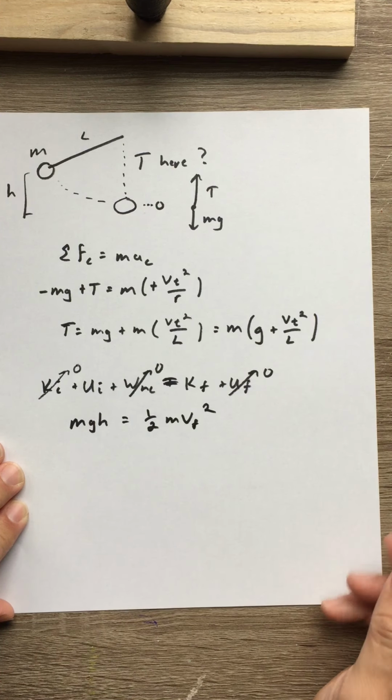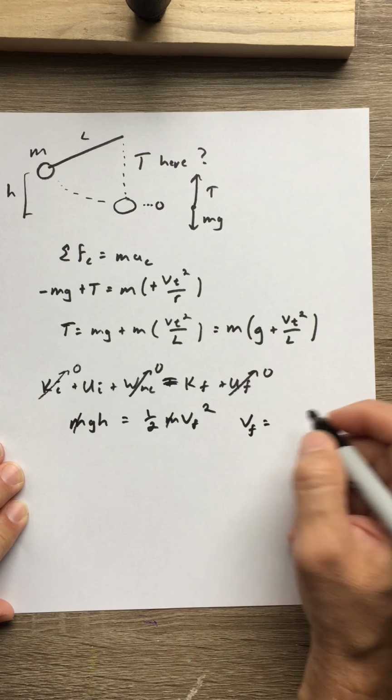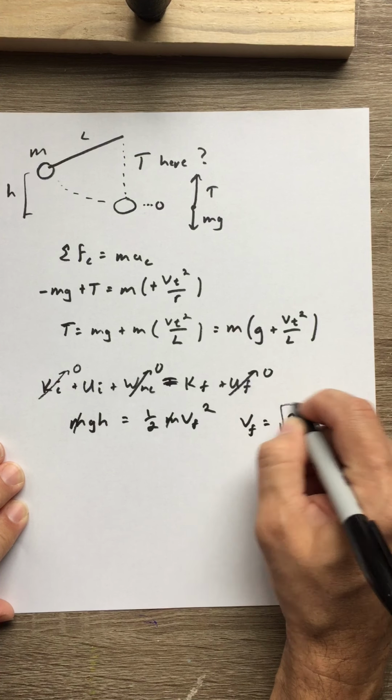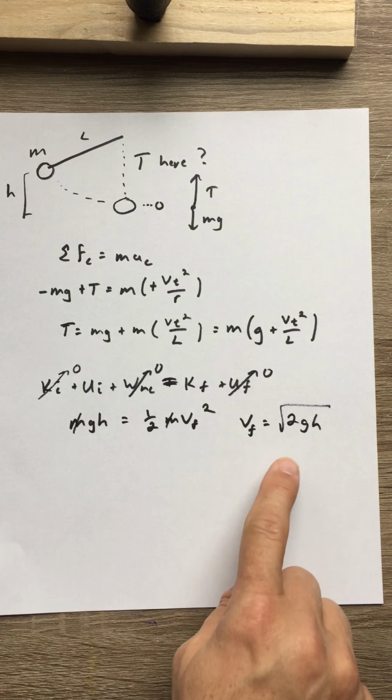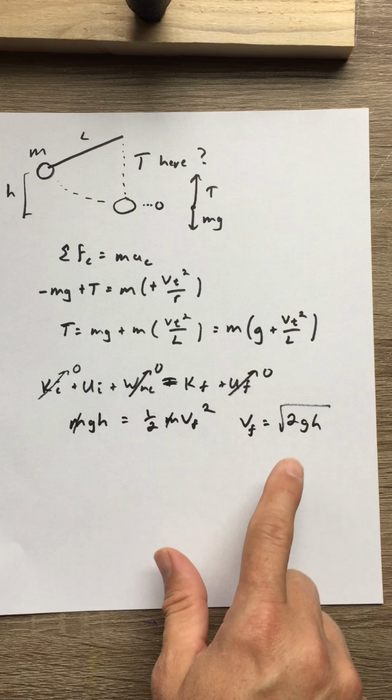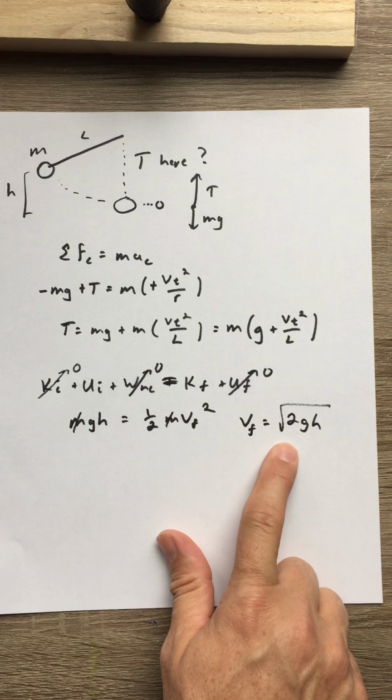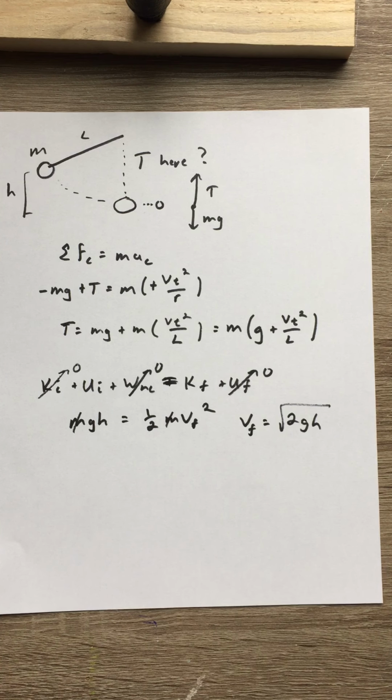My m's are going to go away, and I'm going to get hopefully a familiar result by this point, root 2gh. This is the same result we get if we use kinematics or conservation of energy. Of course, it has to be. This is a very common result. This is one of the reasons I believe in symbolic solutions, because you see this so many times you can go, oh, I know I'm right because I've seen this about a billion times.